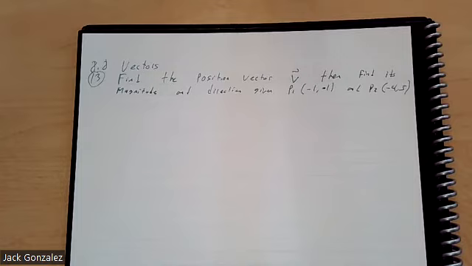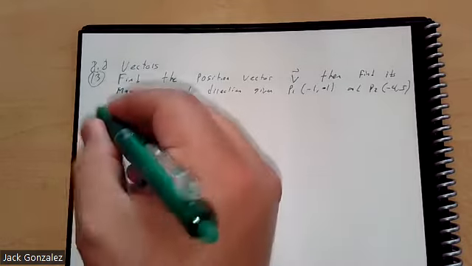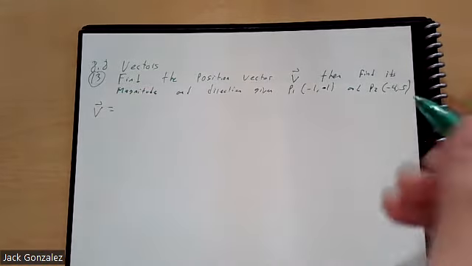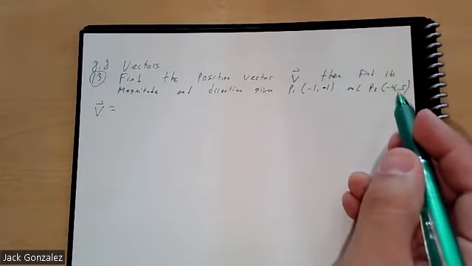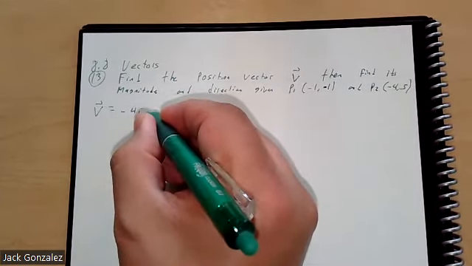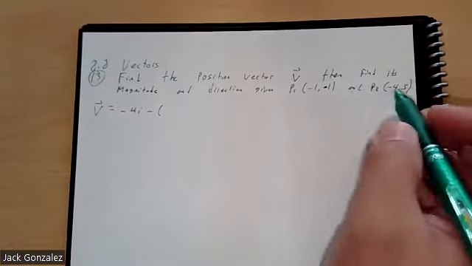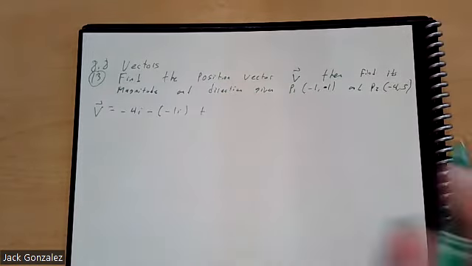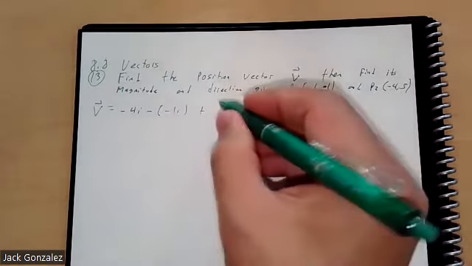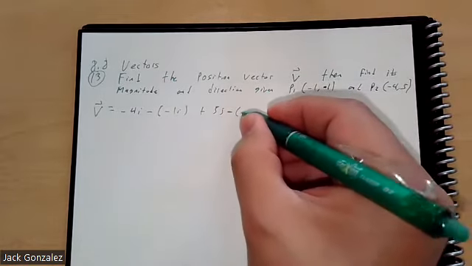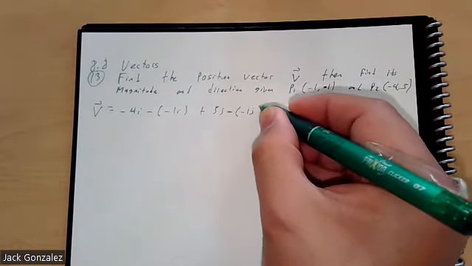Okay, so obviously you can't do anything until you find the position vector. So first thing you should do is take the final point minus the initial point, so it'll be -4i minus -1i plus 5j minus 1j.